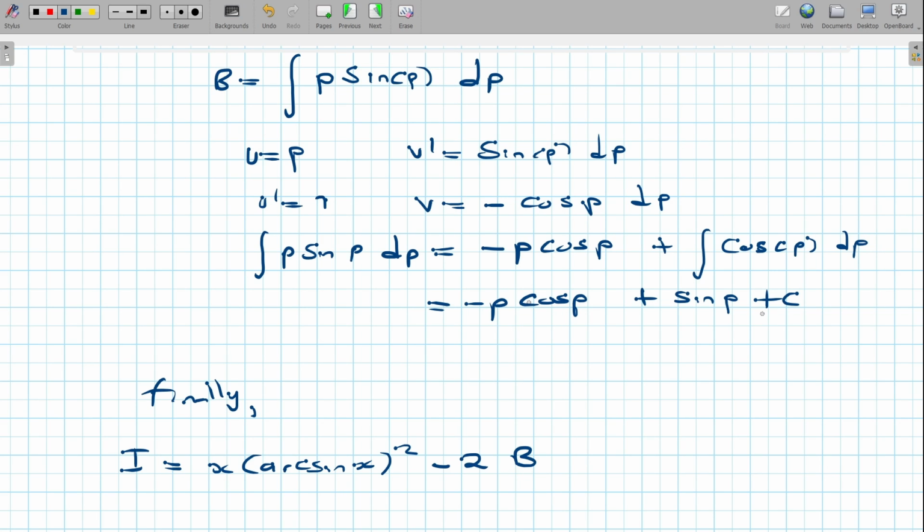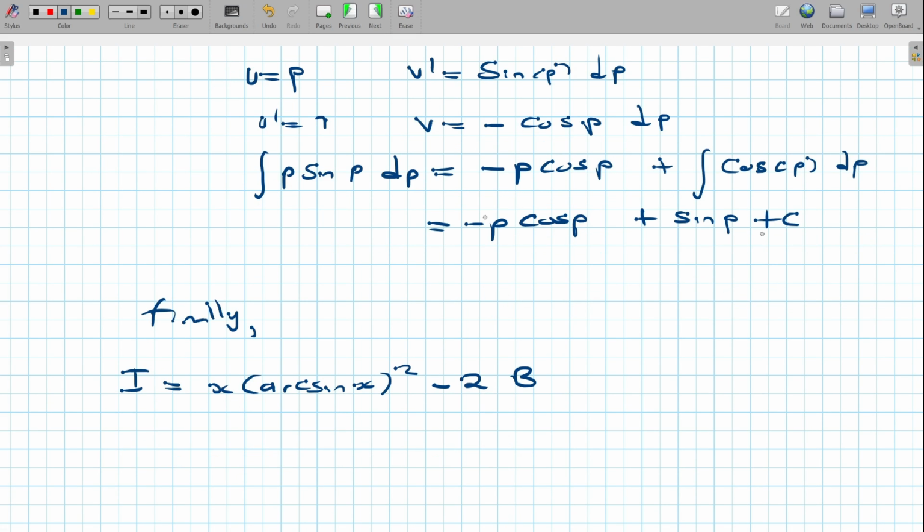And then this is going to be equal to x arc sine of x squared, and then minus 2 times b, where b is minus p cosine p plus sine p plus c, like so.